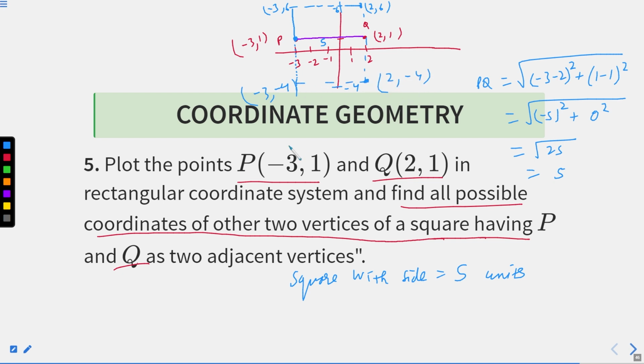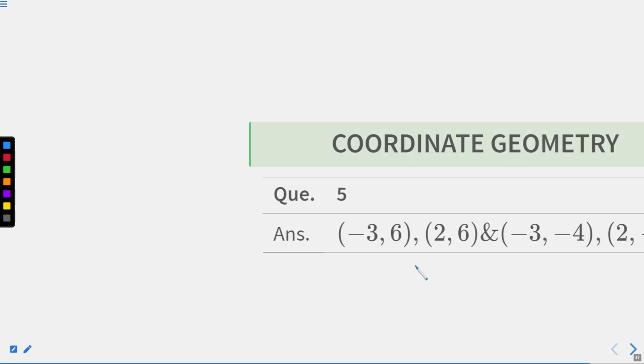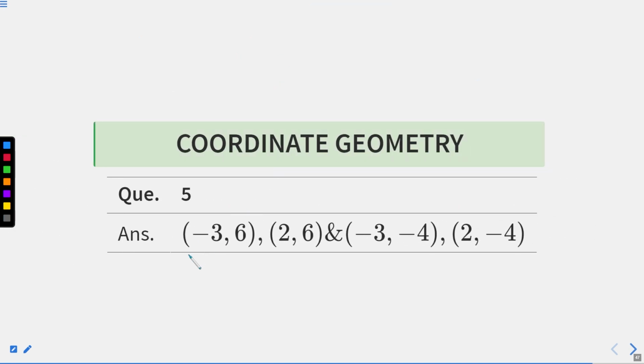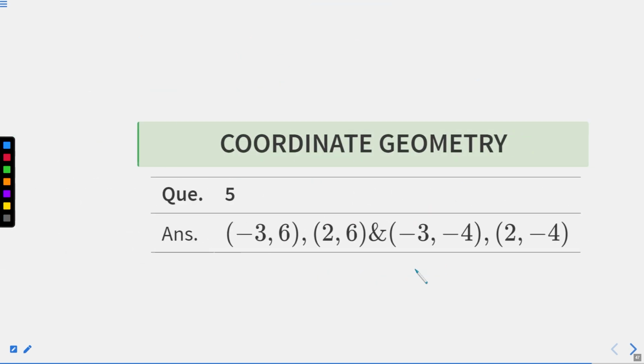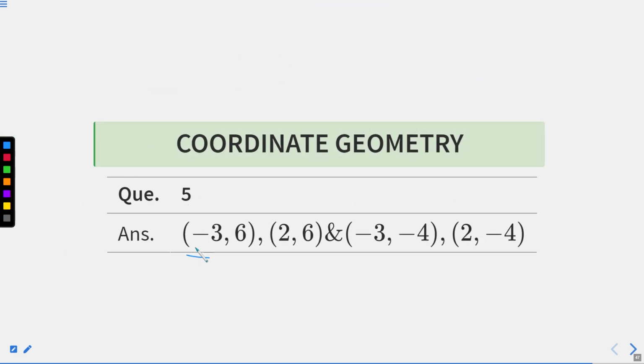So the answer is -3, 6; 2, 6; -3, -4; and 2, -4. So the possible coordinates are there.